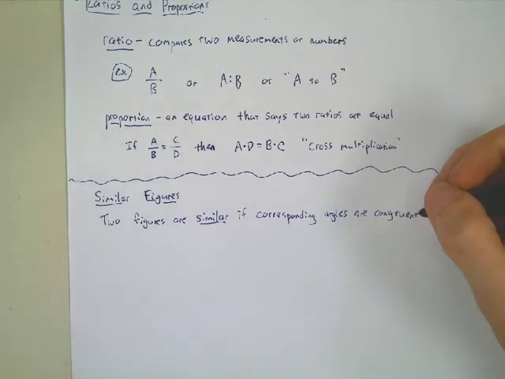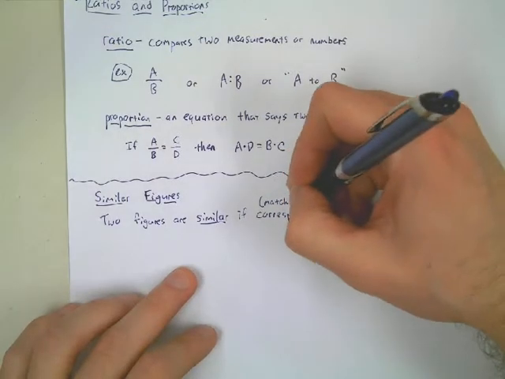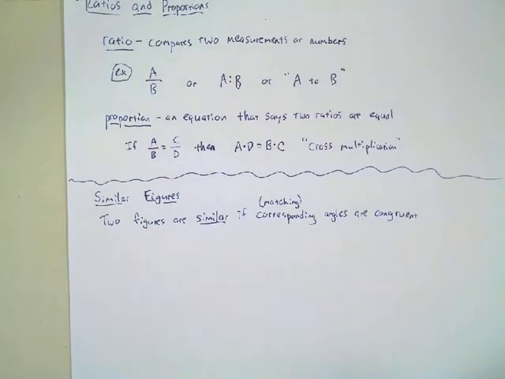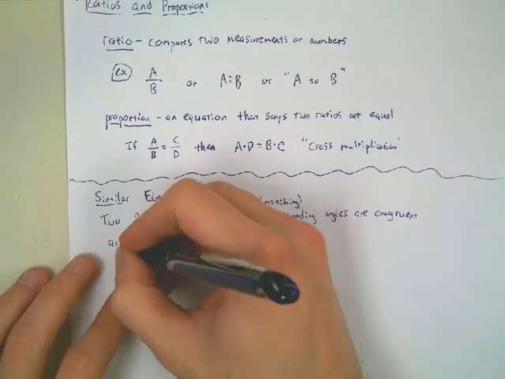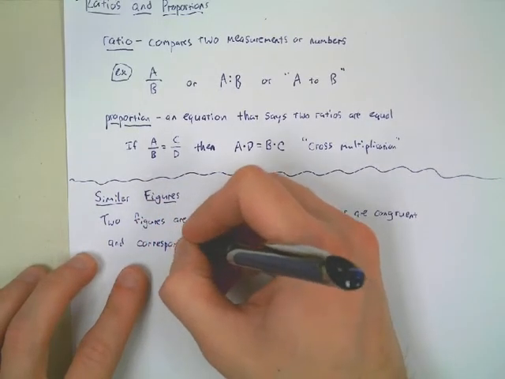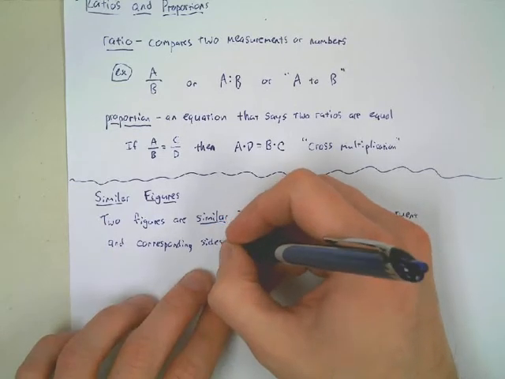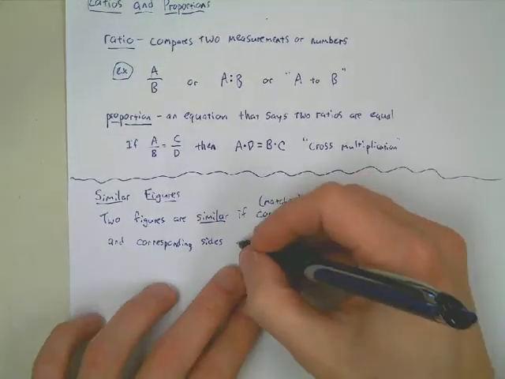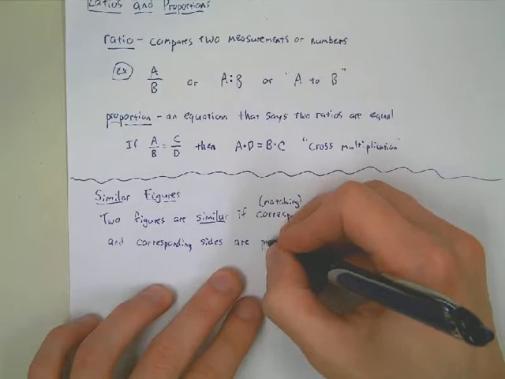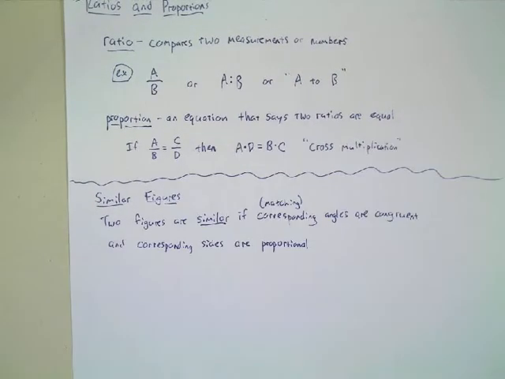Matching. That's right. Matching angles are congruent, and corresponding sides, okay, are proportional. That means they are equal as like in a ratio.